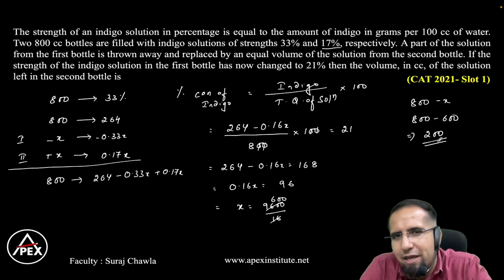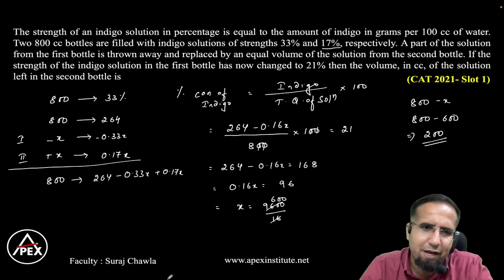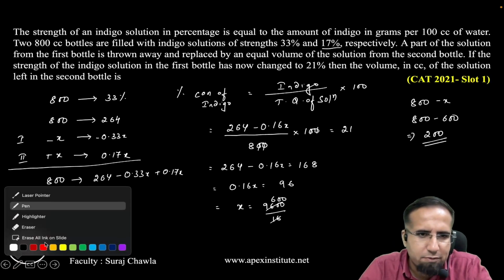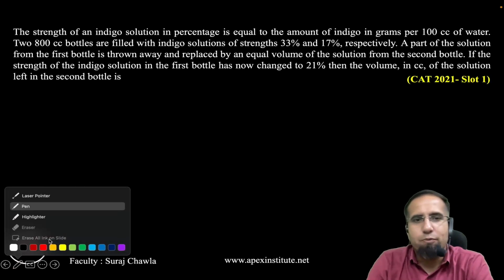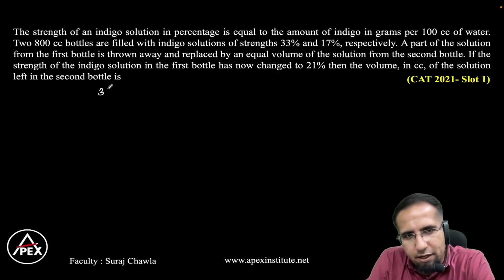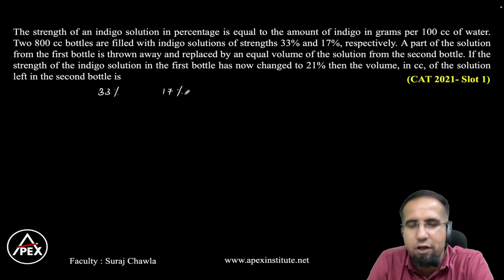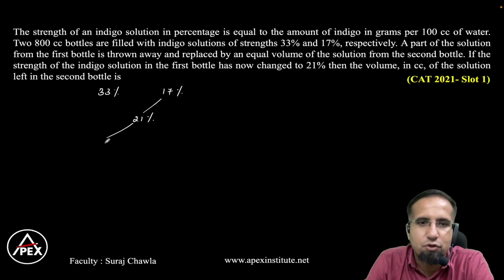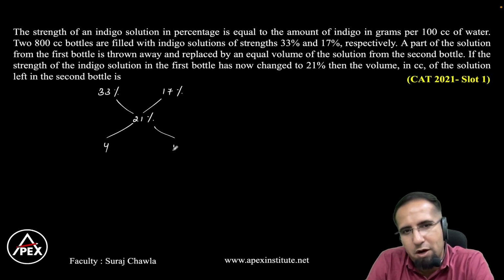Now can I get this by alligations? Yes, we can also get this by alligations. So let's try to understand this by alligations. So by alligations, I have 33 percentage of liquid 1 and I'm adding 17 percentage of liquid 2 to get a mixture of 21 percentage. So this part becomes 4, this part becomes 12.